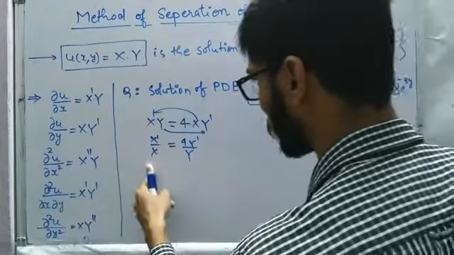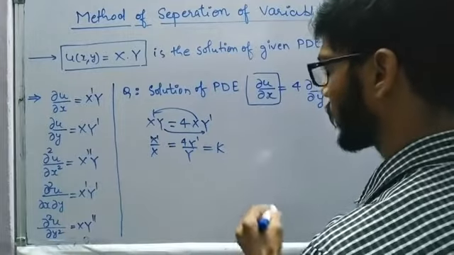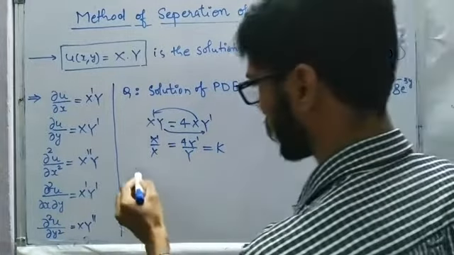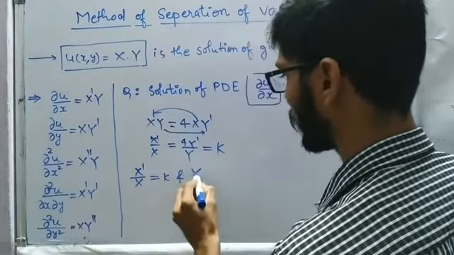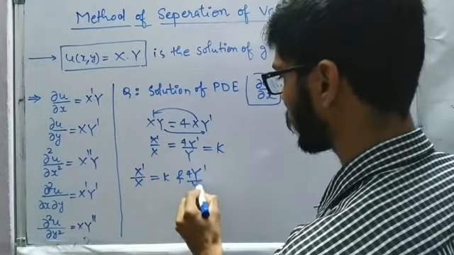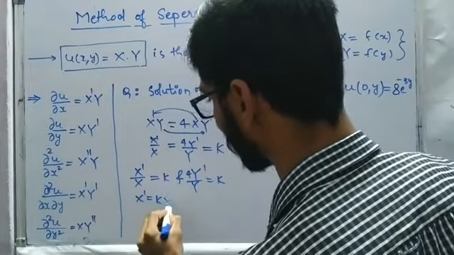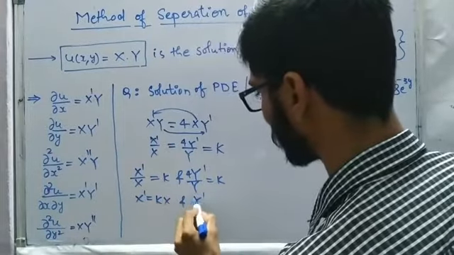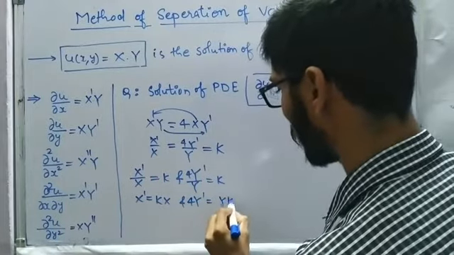Now we can assume it as equal to k, and solve the separate equations. X dash upon X is equal to k and 4 Y dash upon Y is equal to k. So X dash is equal to kX, and 4 Y dash is equal to Y into k.